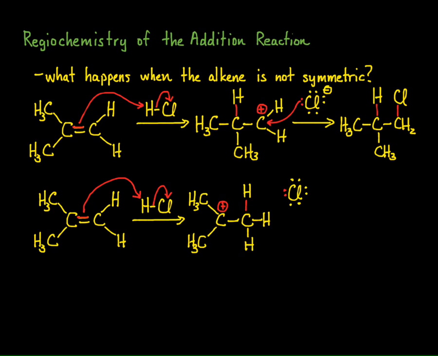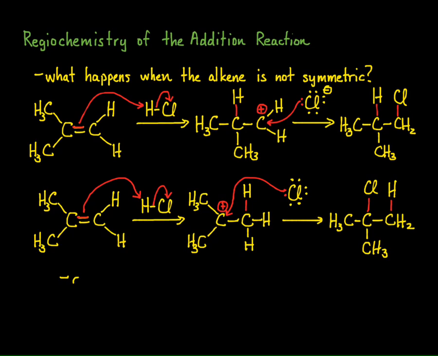So now the chloride could possibly attack that carbocation, and the result is this product, which is 2-chloro-2-methylpropane. And so you see that we end up with two possibilities as products.